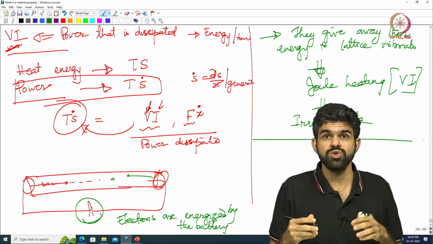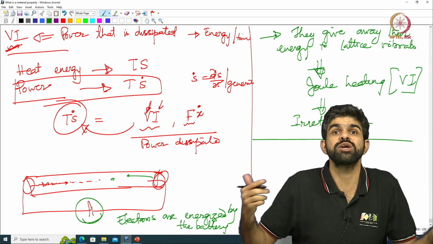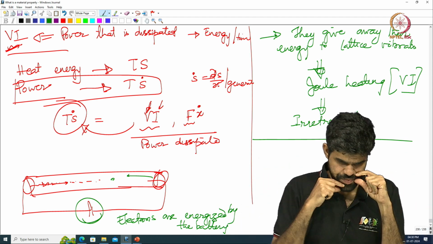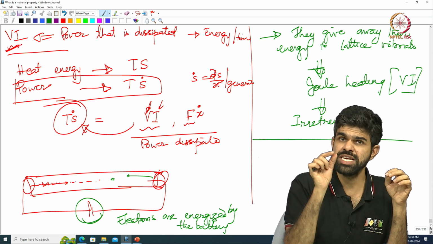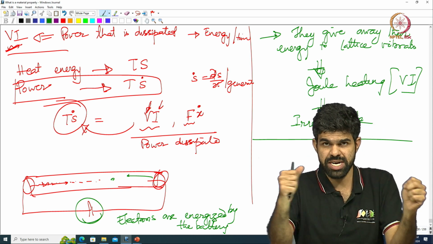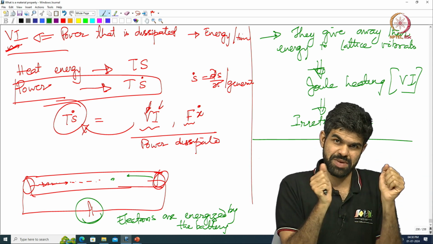Every material has a property that tells me how much I am going to lose. If my resistance is huge, or my conductivity is very small, then I am not losing much energy. I cannot put so much current into this material that I lose energy. Then it behaves like a capacitor, where it stores energy.